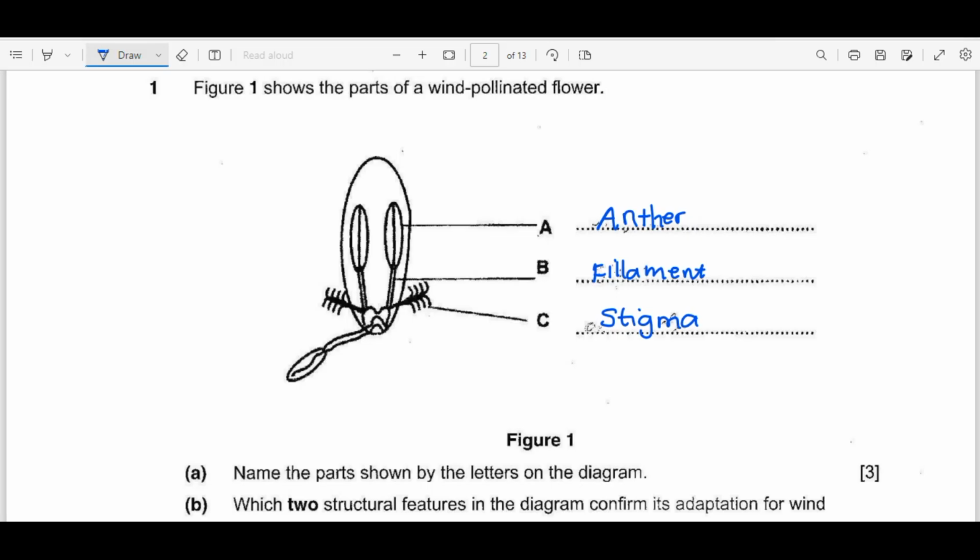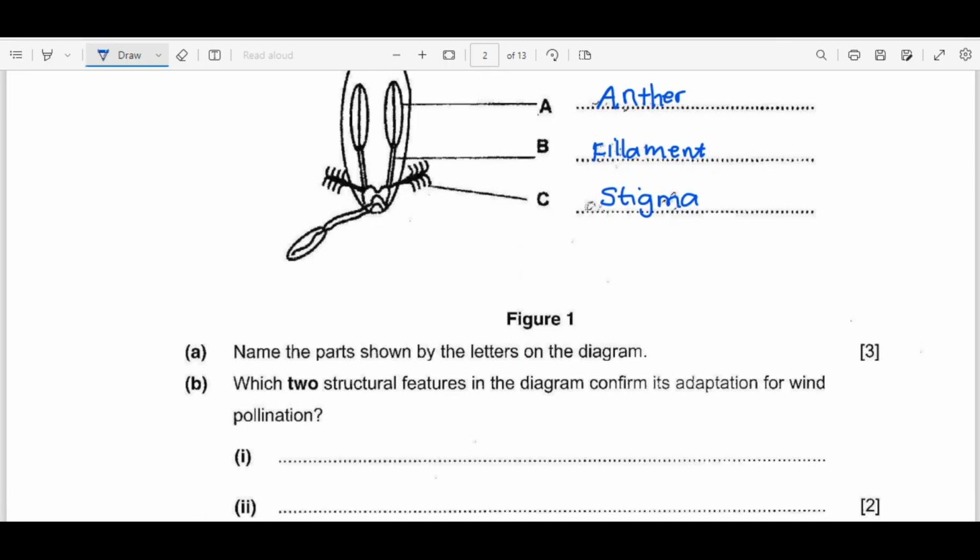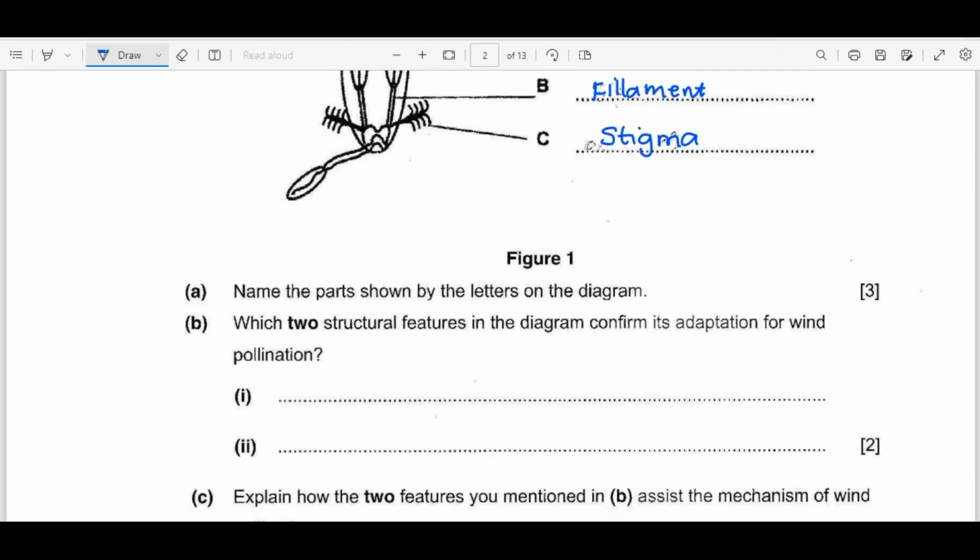Now we also have been given a concept from the first statement. The flower that we are dealing with is a wind pollinated flower. As we are about to move into answering question B, we need to have that in mind, because there are features or characteristics of a flower that carries wind pollination.